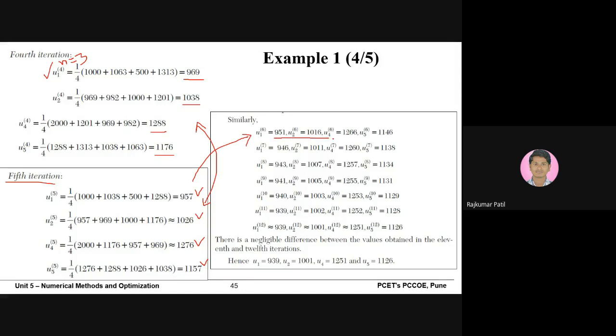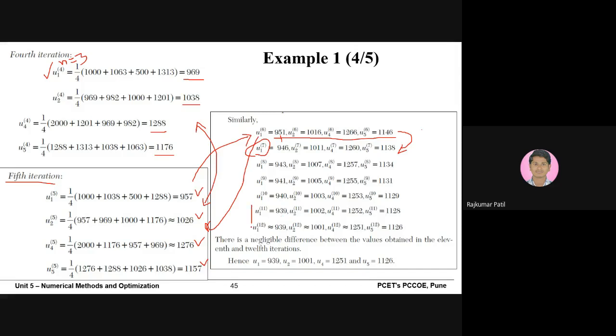These are the 4 values, and if you compare these values with the fifth iteration, you will see a difference. Then we go for the 7th iteration, U1 raised to 7, and check the two successive values. Again, there is a difference. So keep this process repeating again and again.